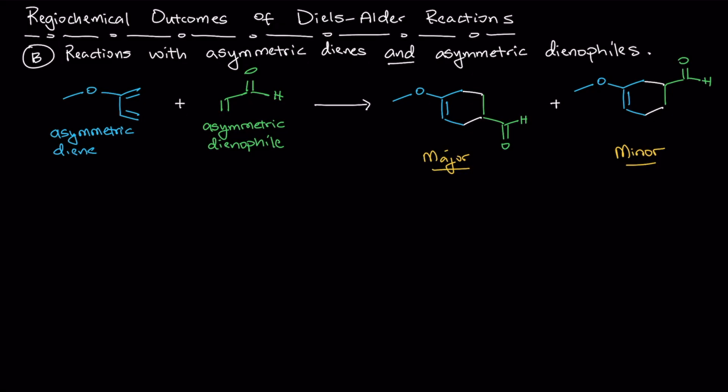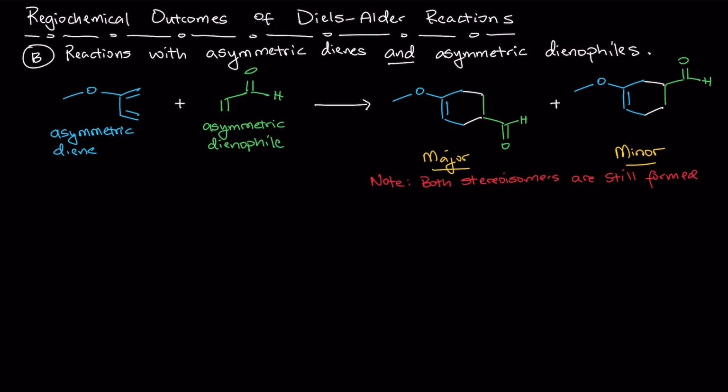You see here where you have the aldehyde 4 carbons away from the ether oxygen as your major constitutional isomer in this reaction, versus the case where your aldehyde, which is in green, is 3 carbons away from your ether oxygen, which is in blue, and that is your minor constitutional isomer.